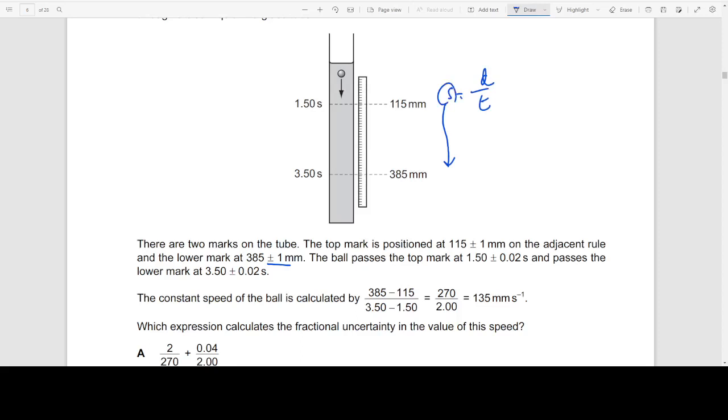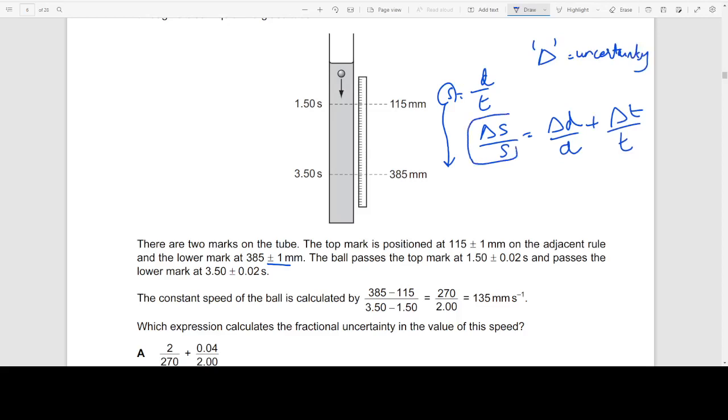And if we want to find the fractional uncertainty in this value of speed, we are just going to have to use the fractional uncertainty rule. So delta S upon S equals delta D upon D plus delta T upon T, where delta represents uncertainty. So delta S upon S is this fractional uncertainty that we have to find.